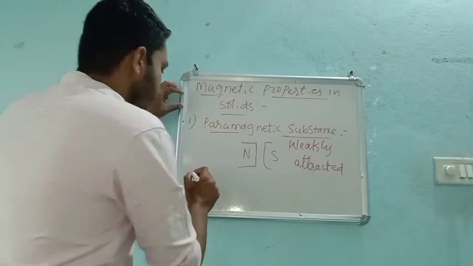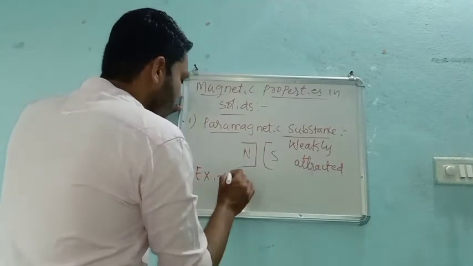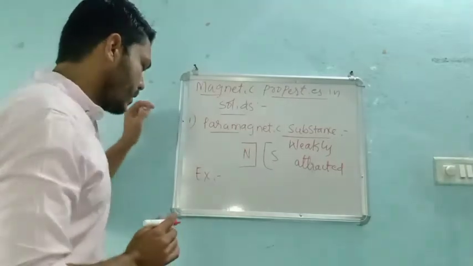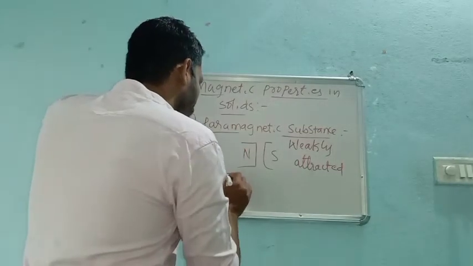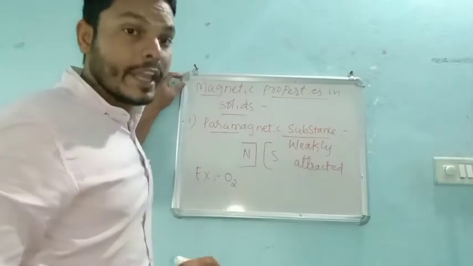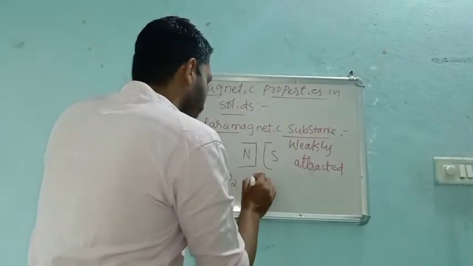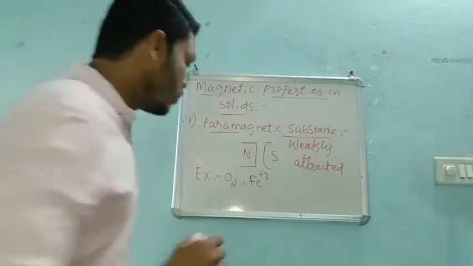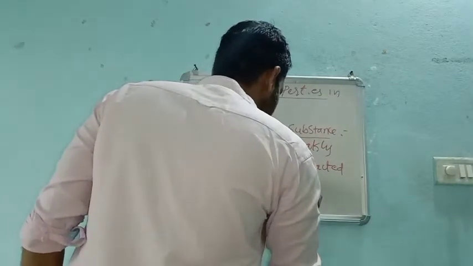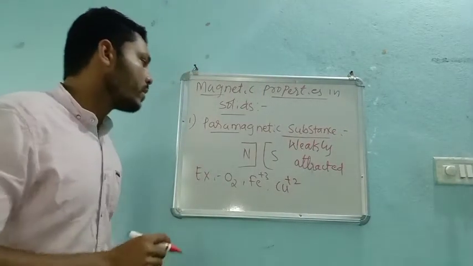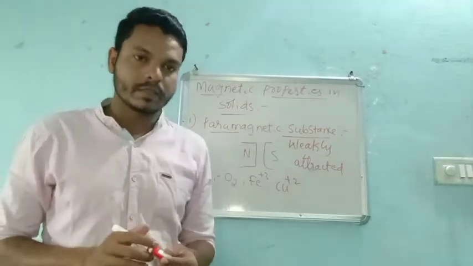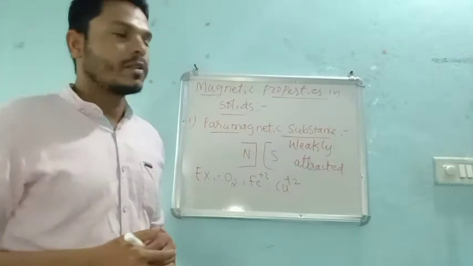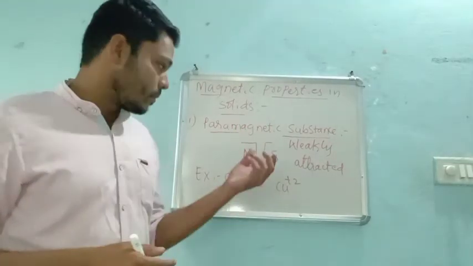paramagnetic substances. And for examples, you go through the books, you will find more. I will give just the important and easiest examples. For paramagnetic, O2 is the best example, air, right? And Fe+3, or Cu+2, copper. So these are the best examples for paramagnetic substances, which are weakly attracted by the magnetic field.